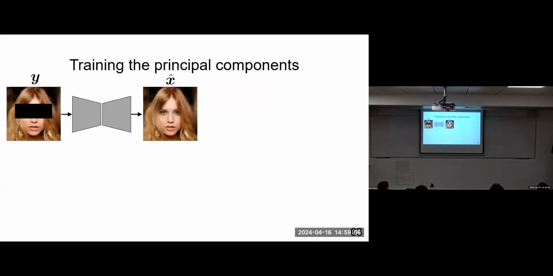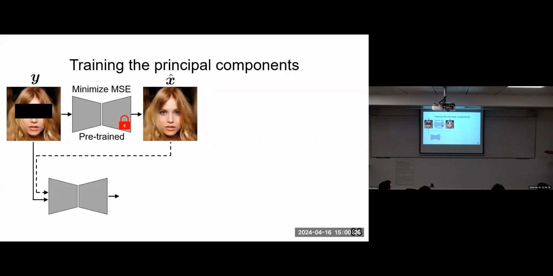Here I'm going to show you the simplified version of our method, where we train, assuming we have some pre-trained conditional model that was trained to minimize the MSE and therefore outputs the posterior mean, right? But in our full work, we also have a version where we output both the mean and the principal components in a single model. Okay, but I will show you now with two models. So starting from this MSE minimization step, we fix the pre-trained conditional mean estimator, giving us this X hat, and replicate its architecture with one key change at the output.